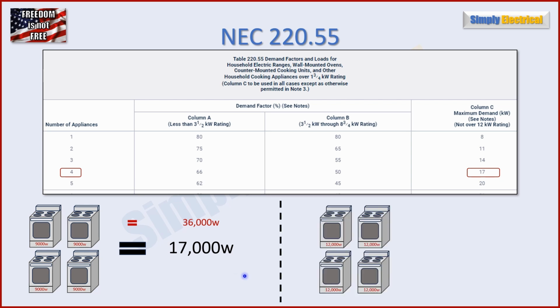Here we have 4 12 kW ranges, yet we still get 17,000 watts. That's instead of the 48,000 watts of connected load. So here we see that multiple ranges are about as easy as a single range if they all land in column C. And you can also see how substantial the savings is on our kW by using the table as opposed to just adding up the nameplates for each of these sets.